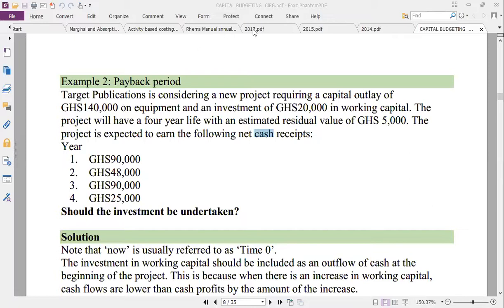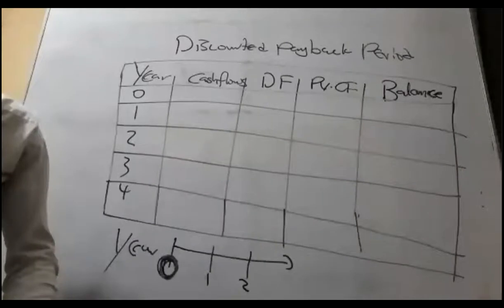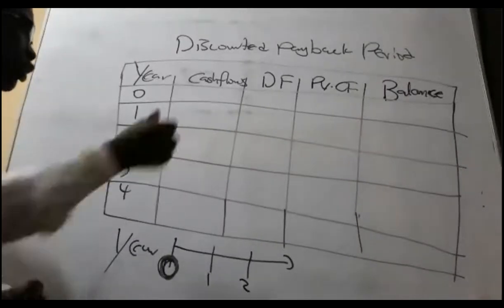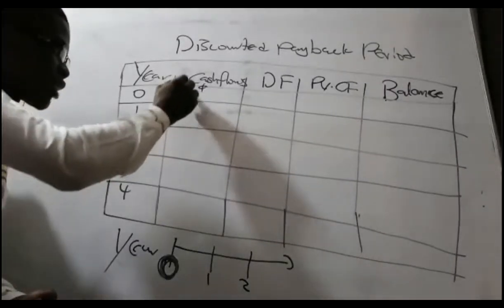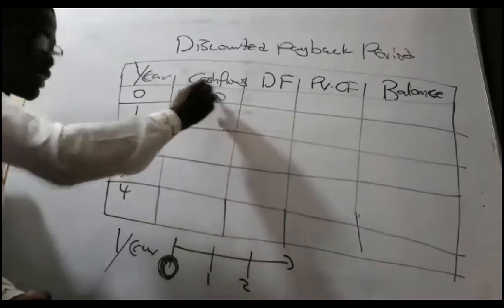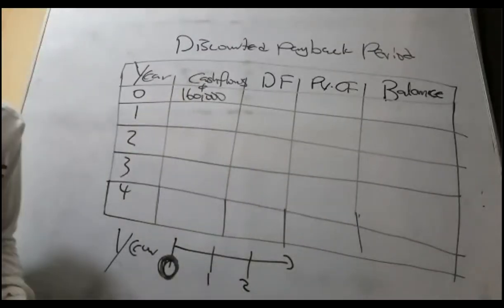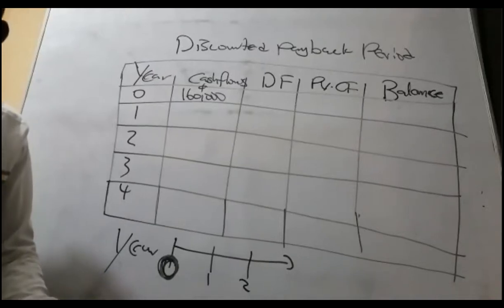So that would be 160,000. Agreed. So you need 140,000. And now you have to also make 20,000 available. Now I'll explain working capital in detail when we start the investment appraisal. Good. So here you got 160,000 Ghana cedis. Agreed.